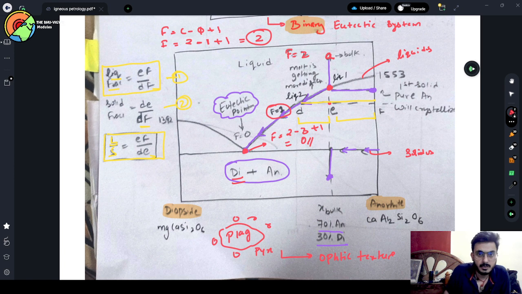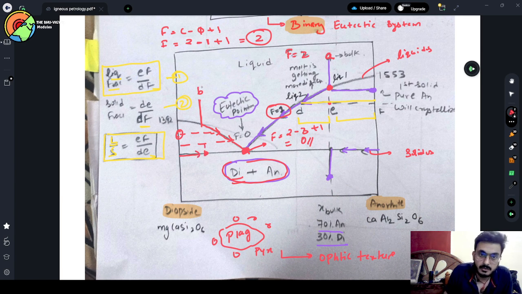Now if the bulk composition is on this side, let's say composition B, the curve will move like this, and in the start you will get the pure diopside composition. Then you will reach the eutectic point. After that the melt will disappear from the system, and we will get diopside and anorthite like this, and here the solidus will move along with this, and the final composition will be this.